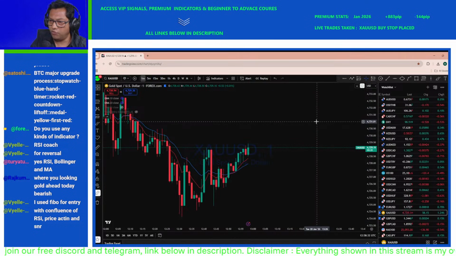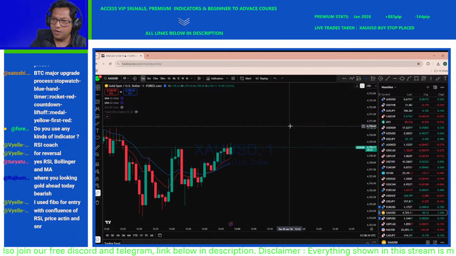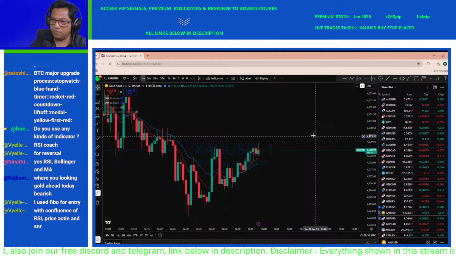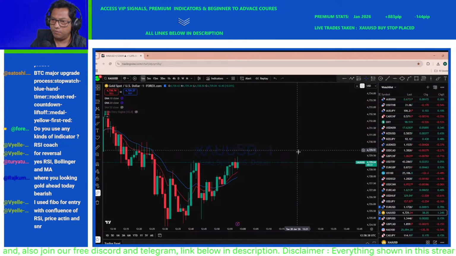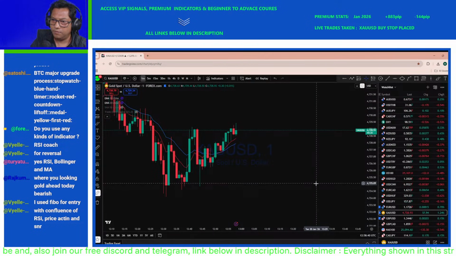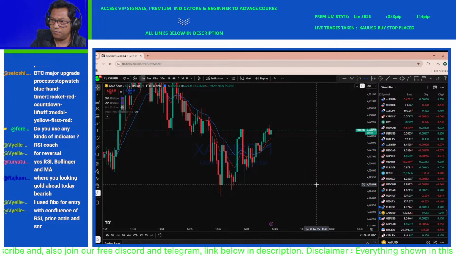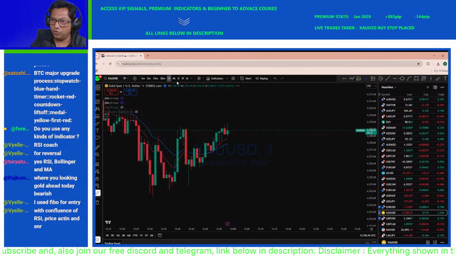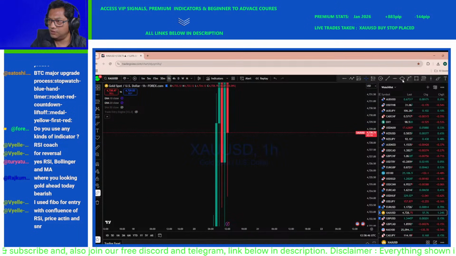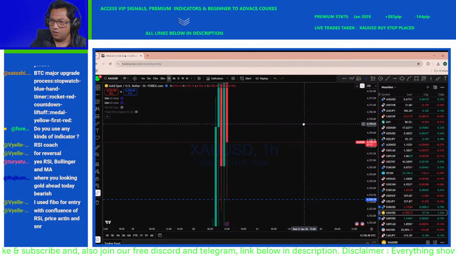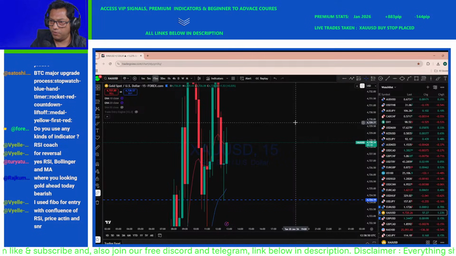Showing bullish confluence here, and if you look, the 1 hour support is here. If you enter, you want to enter from a breakup structure.